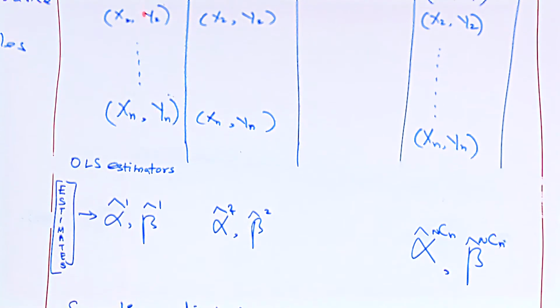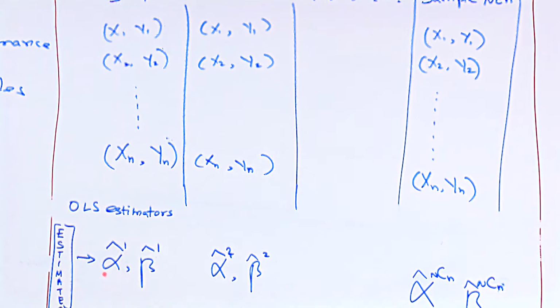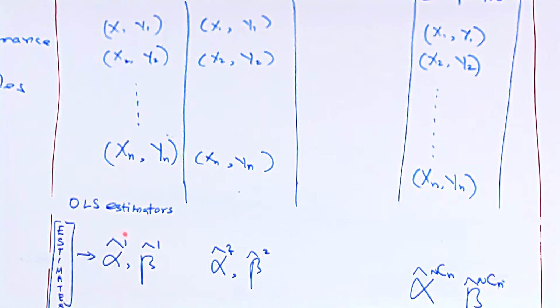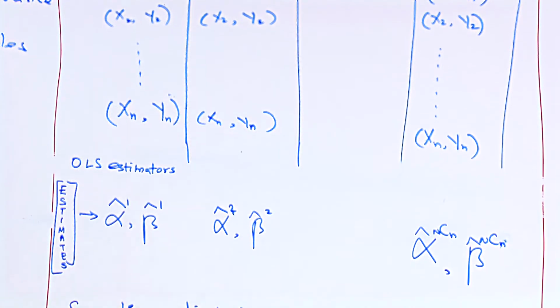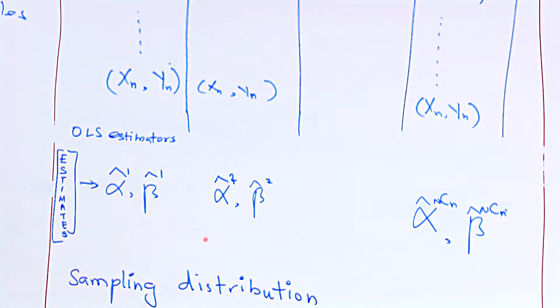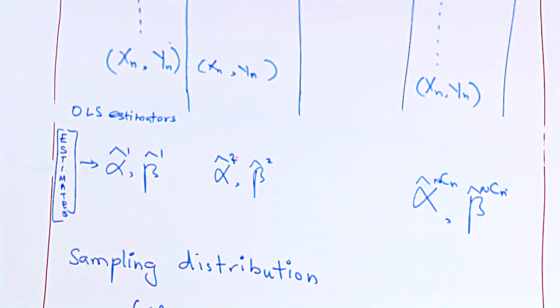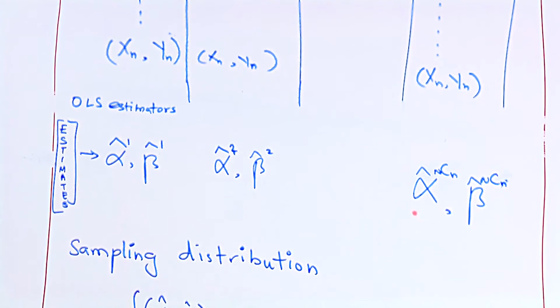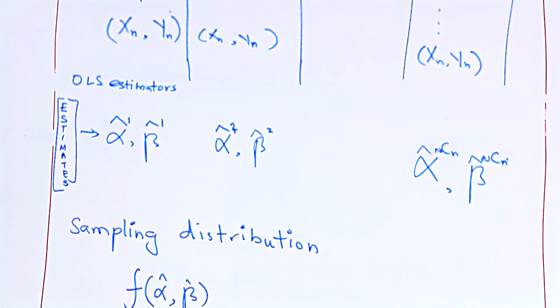Corresponding to the first sample, we may get alpha hat 1, beta hat 1. Similarly, for the second sample, we may get the second estimate alpha hat 2, beta hat 2. Like that, we may have NCn estimates. Using these estimates, we may form a sampling distribution.